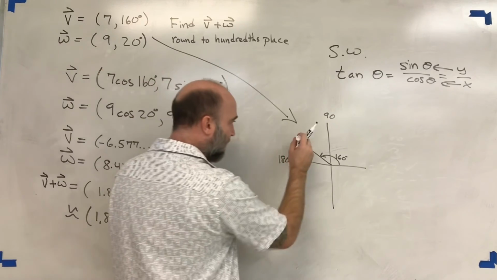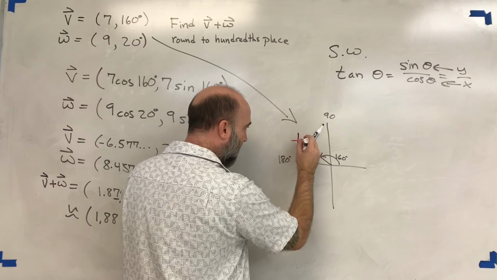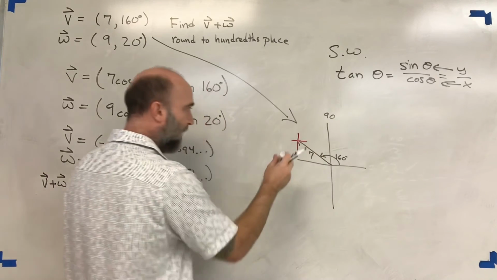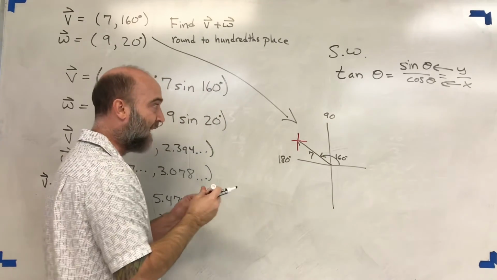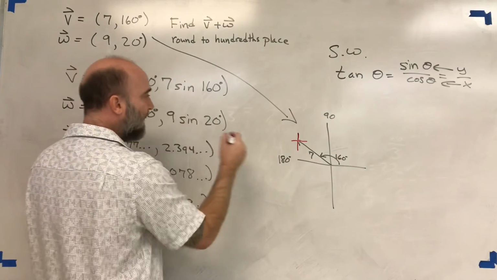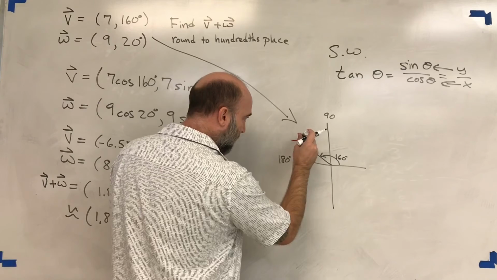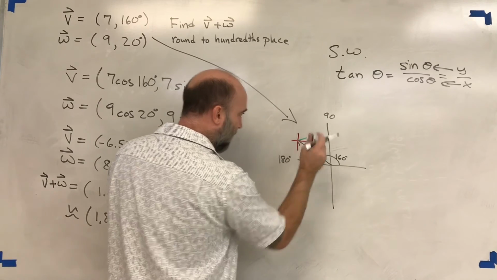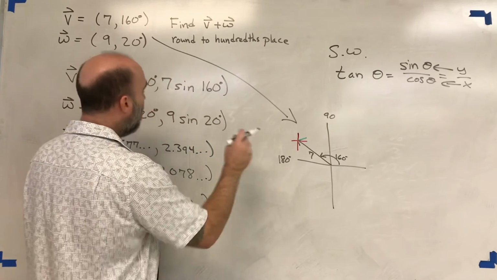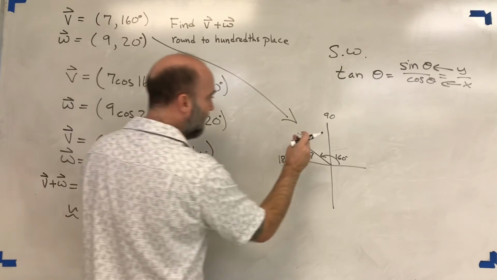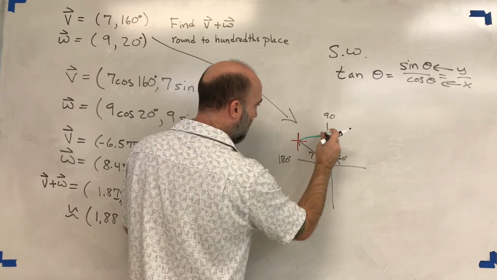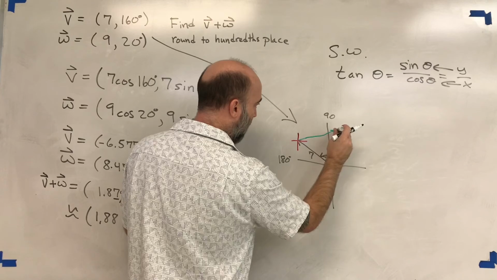It's like you're starting all over again. That's the thing about vectors, it's like a new axis or new coordinate system. 20 degrees is real close to 0, so it's going in that direction, and I'm going longer than 7, about 9, so I would assume it's about right there.